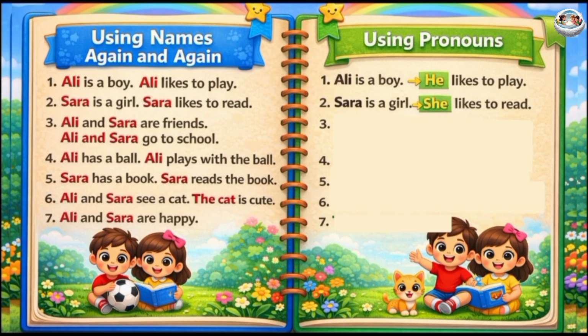Number 3. Ali and Sarah are friends. Ali and Sarah go to school. By using pronouns, we can say Ali and Sarah are friends. They go to school. Number 4. Ali has a ball. Ali plays with the ball.